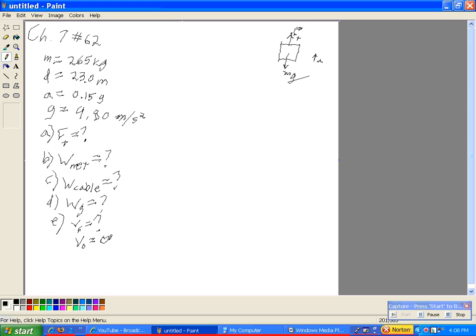Okay, so let's start with A. In order to find A, we take the sum of all the forces in the y direction.